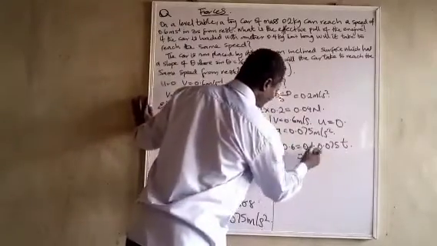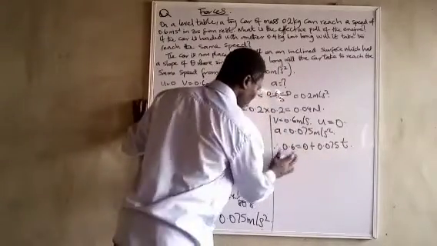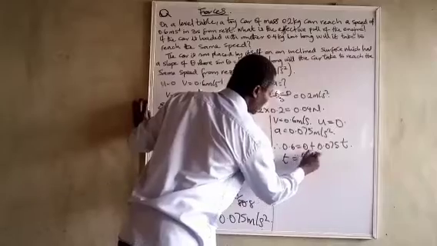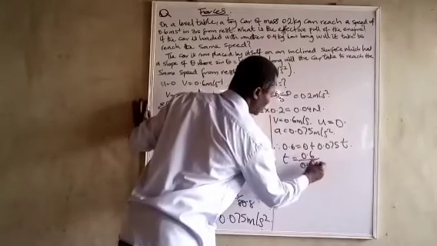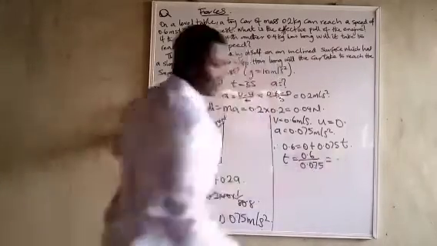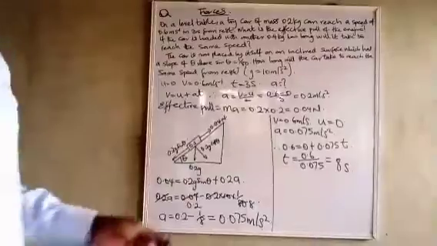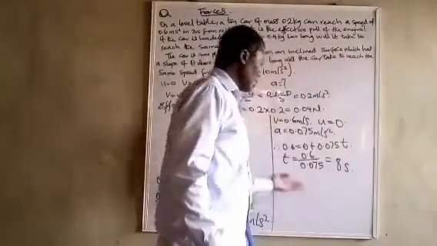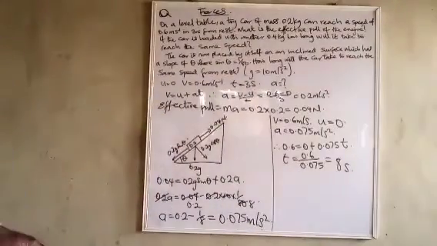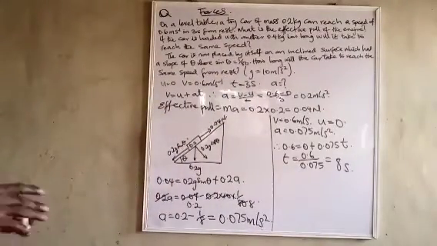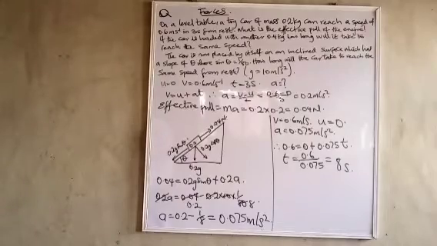So t is equal to 0.6 divided by 0.075, and that gives me 8 seconds. So the time to reach the same speed is 8 seconds. You can see when you can resolve your forces conveniently, you can handle so many things easily.